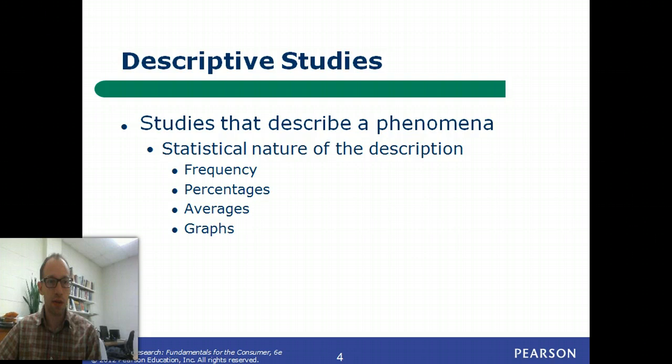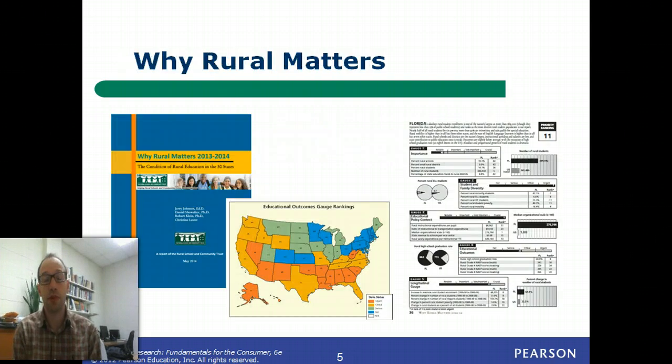And actually, probably my most impactful publication was this report called Why Rural Matters, which is simply a descriptive study. We looked at some public data on all the statistics for rural education across the country, and then created a page for each state, so you can see this on the right, and then some maps on different educational outcomes, policy context, socioeconomic challenges, things like that.